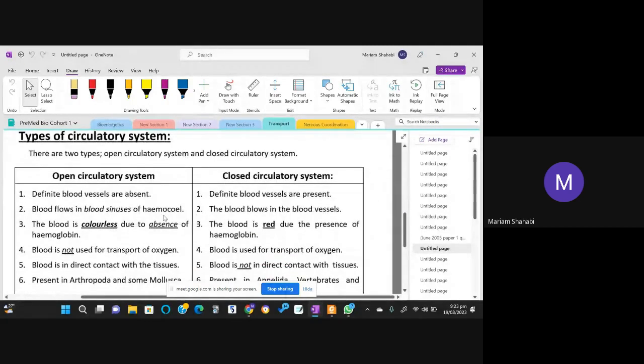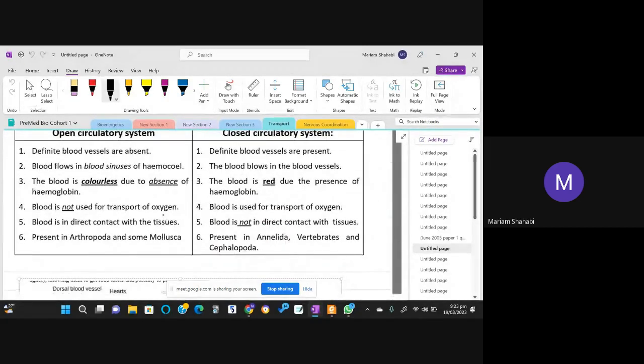Open circulatory systems are those जिसमें definite blood vessels are absent, and this is seen in arthropods and some mollusks. Arthropods में we have like cockroaches and spiders, और ये सारे animals, and mollusks में we have snails and the octopus. ऑक्टोपस के अंदर मुझे नहीं पता क्लोज होता है कि ओपन होता है, तो मैं इस पे एग्जाम्पल नहीं लिख रही.